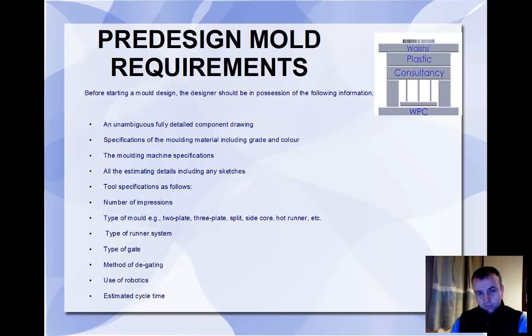Use of robots, if you're going to be using a robot to remove the part from the mold, and whereabouts on the part you can grip to remove the part. Your estimated cycle time is important to know, so that you can design the mold to meet that estimated cycle time as closely as possible.